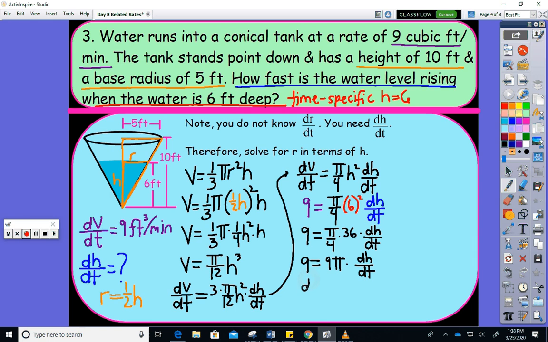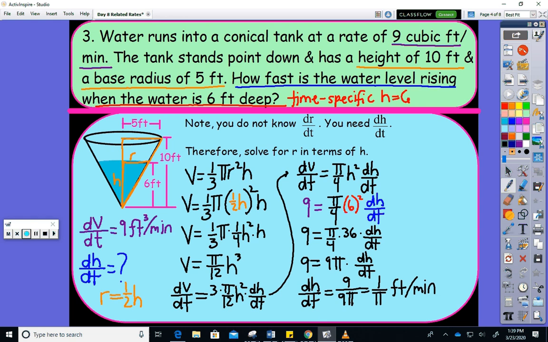And now I could say that dh/dt equals 9 over 9 pi, which is 1 over pi. Now, if the volume was measured in cubic feet, then height is just measured in feet. Of course, you can see that on the picture labeled in pink anyway. But that would be, uh-oh, that was my board doing weird stuff, feet per, and I believe it's minute, is it not? Yes.